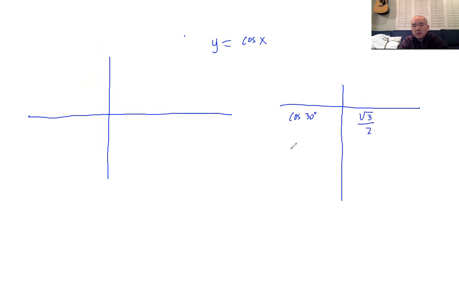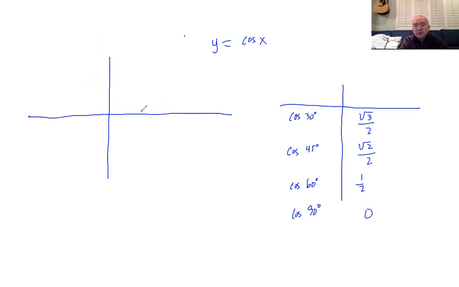The cosine of 45 degrees is equal to √2 over 2. The cosine of 60 degrees, remember 60 degrees is up here, so that would be the 1/2, right? And then the cosine of 90 degrees would be 0. So now, let's look at these right here.